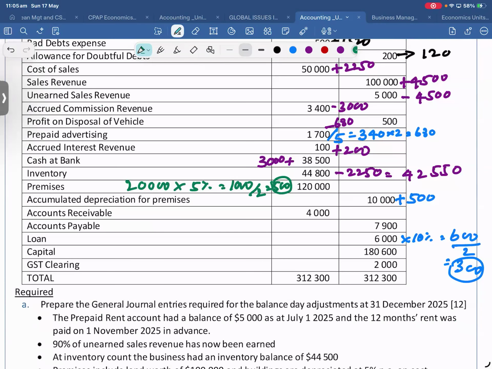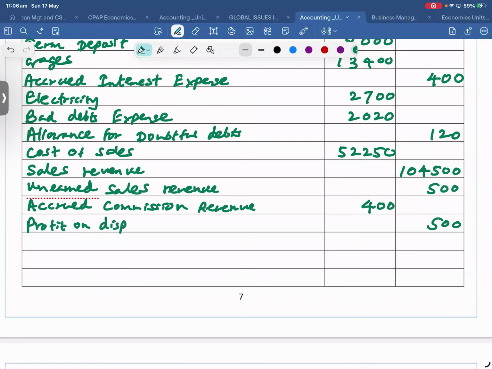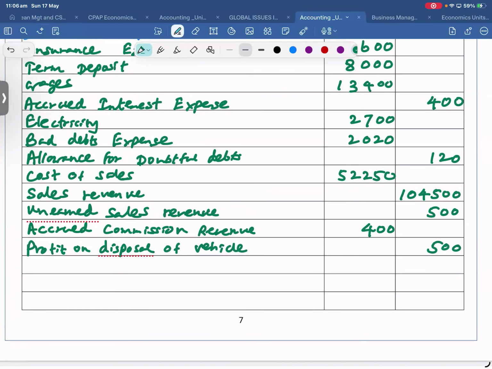Disposal of vehicle 500. Right? Accrued. Fine. Right.